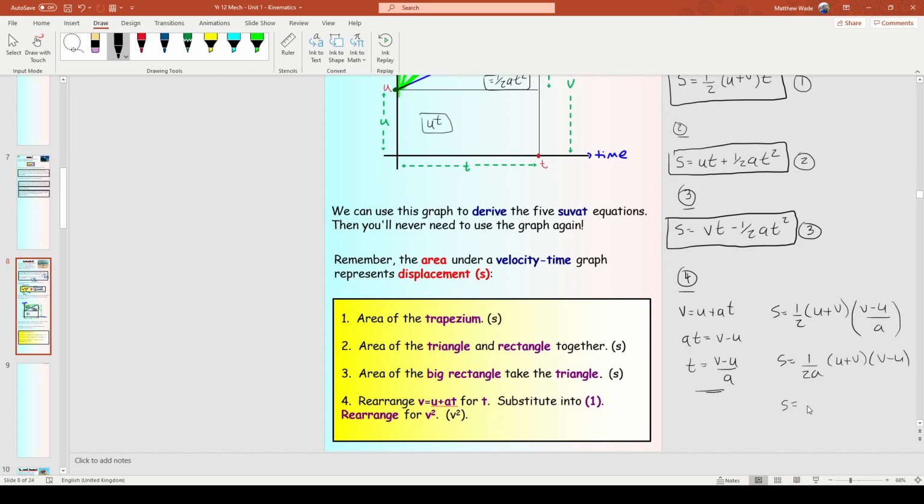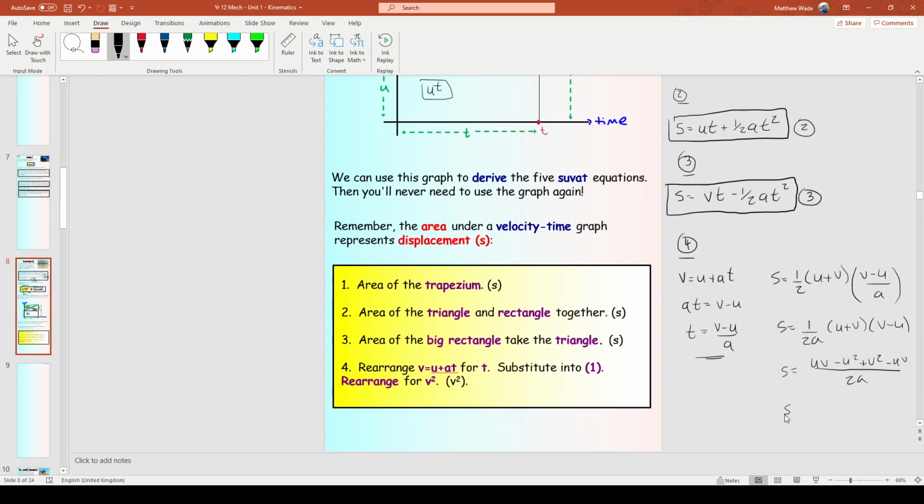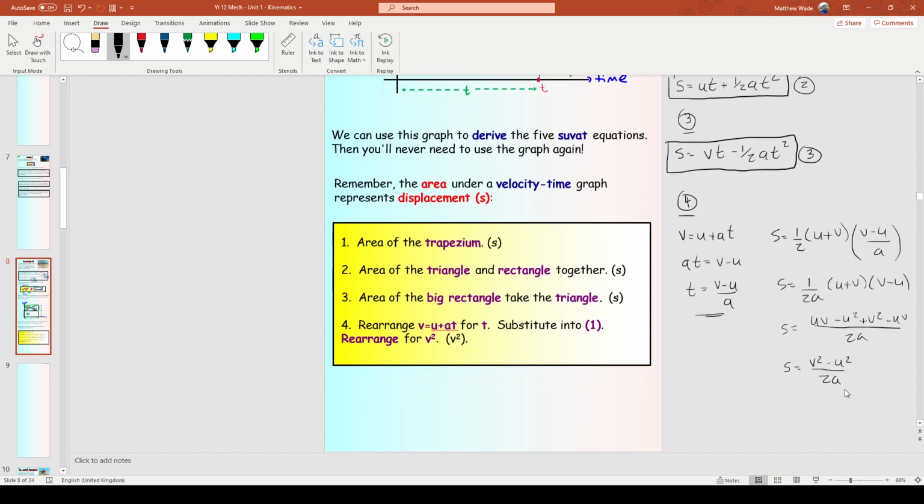Foiling it out, we're going to get uv minus u squared plus v squared minus uv, and it's going to be all over 2a because I'm just going to smack that underneath. Which means that s equals, the uv's are opposite in sign, so they're going to cancel, and I'm going to go v squared take u squared. Cool? So I just put the positive one first, all over 2a. And that's it. We've substituted in.